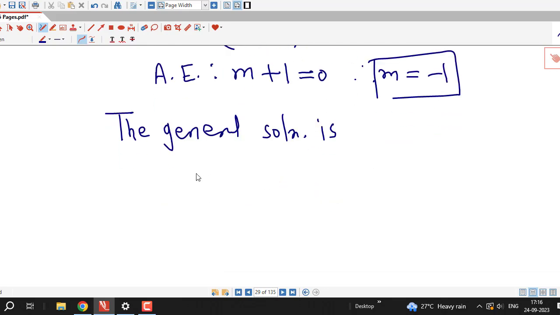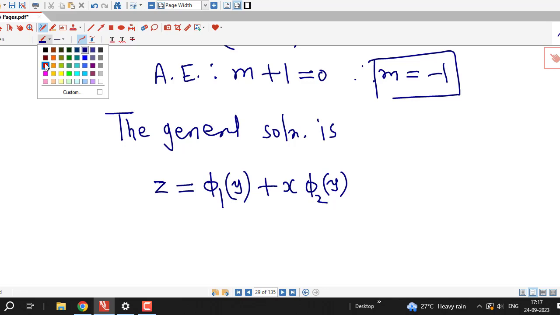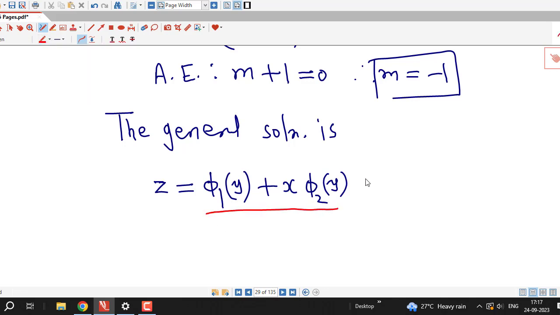So the general solution is z equal to, corresponding to D square I have to write two arbitrary functions of y denoted by phi 1(y) and phi 2(y), and I have to multiply by x. This is the part of the general solution corresponding to D square. And corresponding to D dash square, I have to write down two arbitrary functions of x, phi 3(x) plus phi 4(x), and I have to multiply by y.